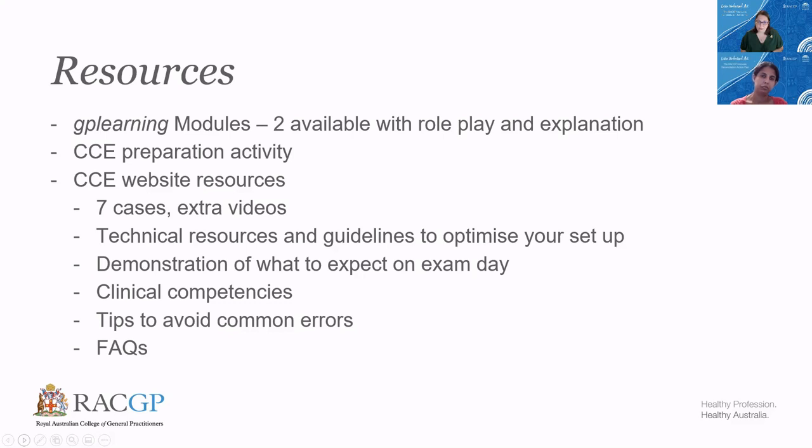So, for example, if we're marking the criteria looking at active listening within the consultation, the performance markers will be things like allowing the patient to state their concern without interrupting them, summarising back what your understanding of the problem is, and signposting or checking in with the patient that you have understood their concern correctly.